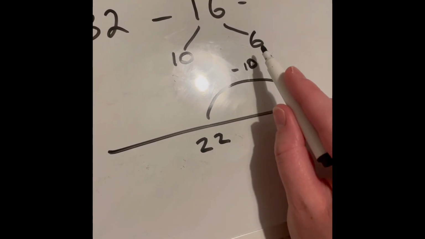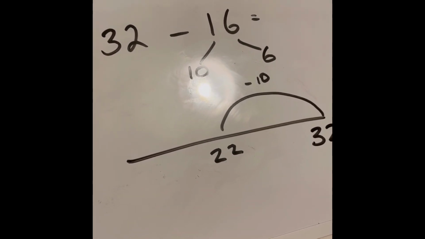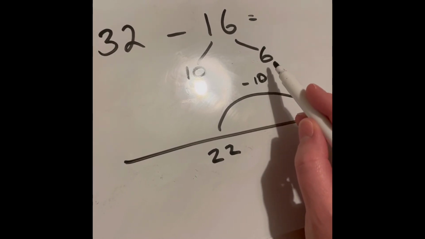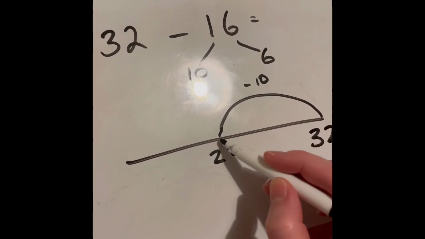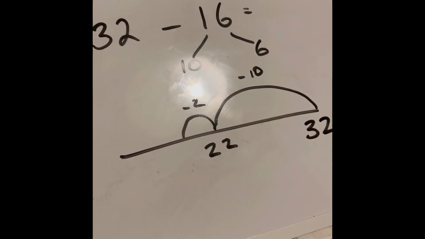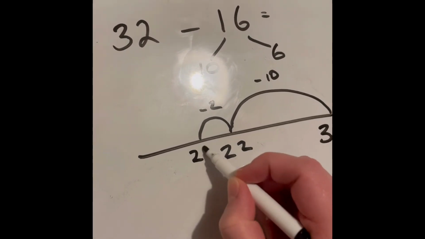Now we need to take away the 6 ones, and there's lots of different ways that we can do that. I'm going to use my knowledge of numbers to subtract 6, and I'm going to subtract 2 first. Why do you think I might be subtracting 2 first? 22 take away 2 gives me 20.